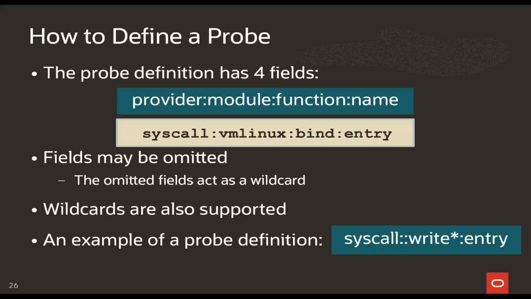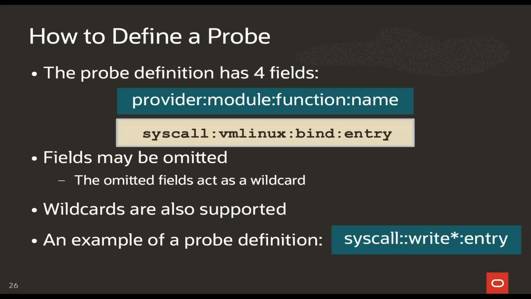You can leave out fields. These act as a wildcard, so you say, well, I don't care. And that gives you a lot of flexibility, actually. It's very useful. You can also use wildcards in the names, and that's shown in the example here at the bottom. I want to use the syscall provider, but I don't care which module. I don't care where it comes from.